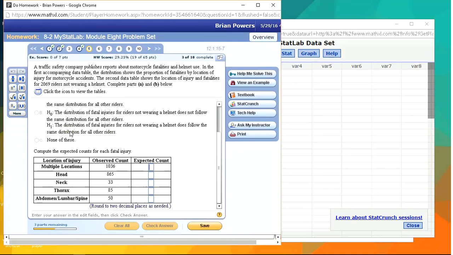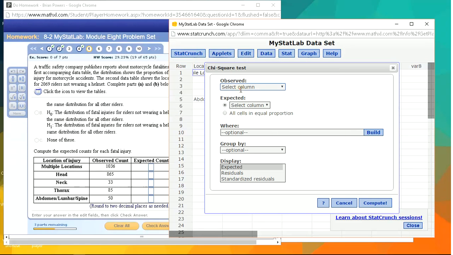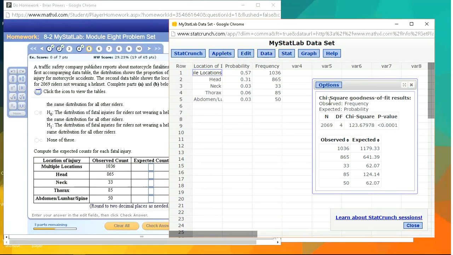Let's calculate the expected for each of these. This is nicely given to us by the goodness of fit test. We use the observed frequency column and the expected probability, and then just hit compute. And you get it right here.